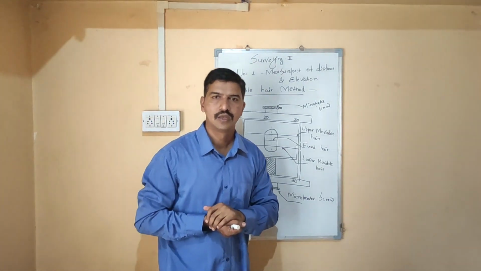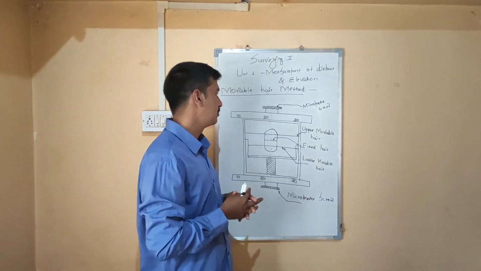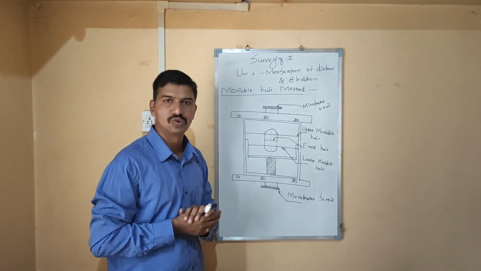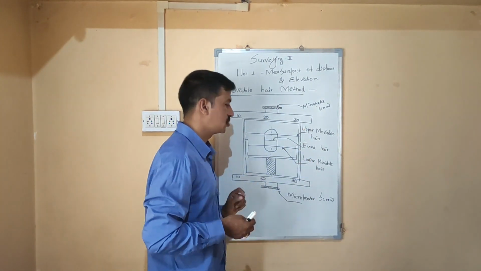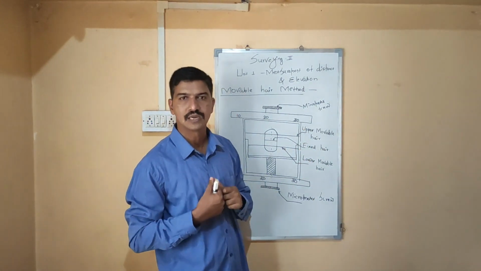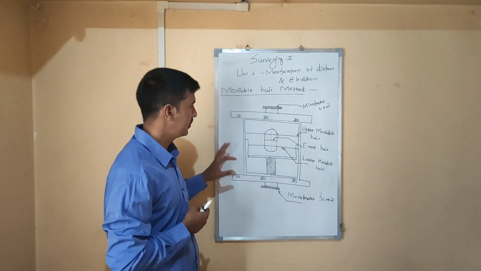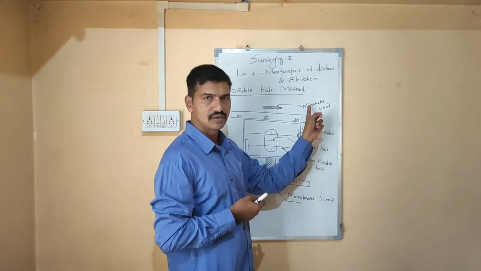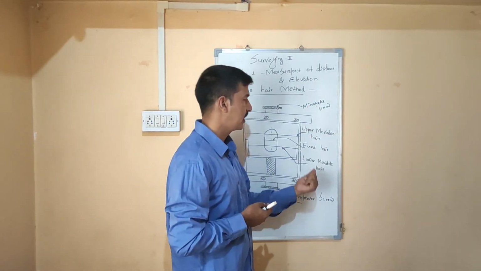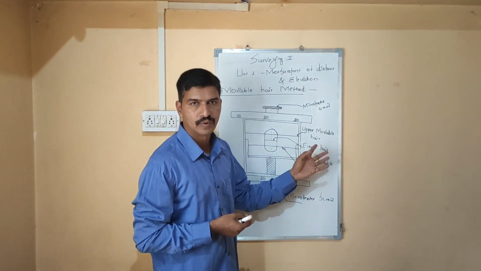Students, in the movable hair method, we have a special type of theodolite which is called the subtense theodolite. I have drawn a sketch of a subtense theodolite in which we have two main parts. One is the screws to move the hairs and the second one is the arrangement of the movable hair.